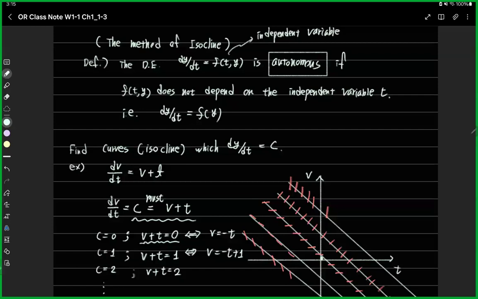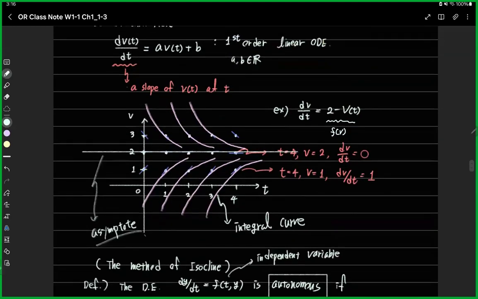So these are isoclines. Why do we need to figure out the isocline? Because by figuring out the isocline, it's easy to figure out the integral curve. So going back to this example, what's the integral curve? The integral curve is the graph of an exact solution.